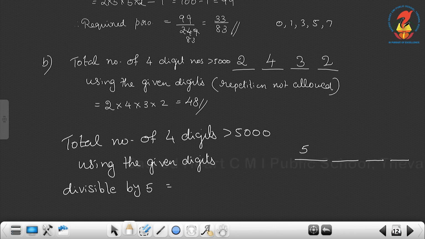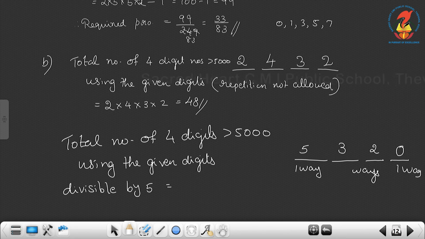If the first place is 5, the number is divisible by 5 means the last place is either 0 or 5. So I can write 0 here, since repetition is not allowed. So 5 is one way, 0 is one way. So 2 digits are used. Now how many digits remain? 3 digits and here 2 digits. So with 5 as the first place and 0 as the last place, there are 6 numbers possible.